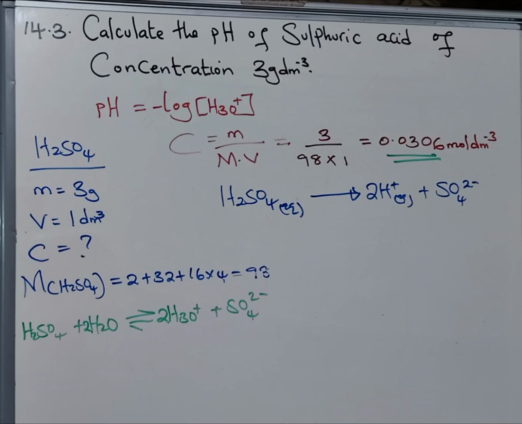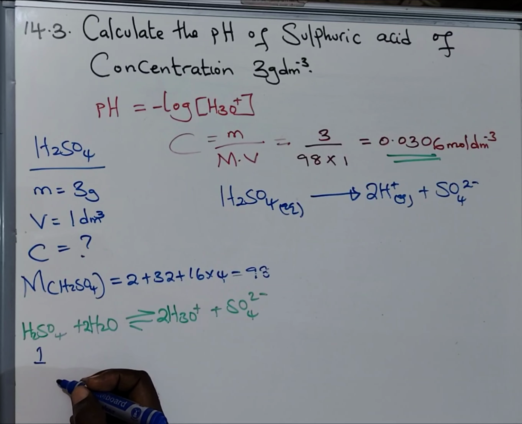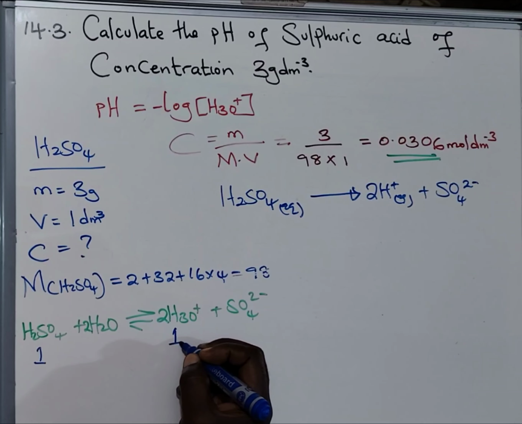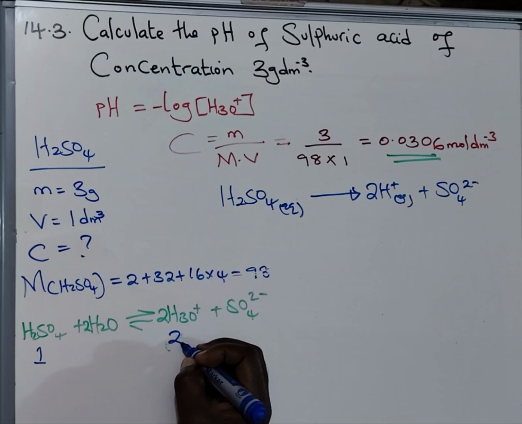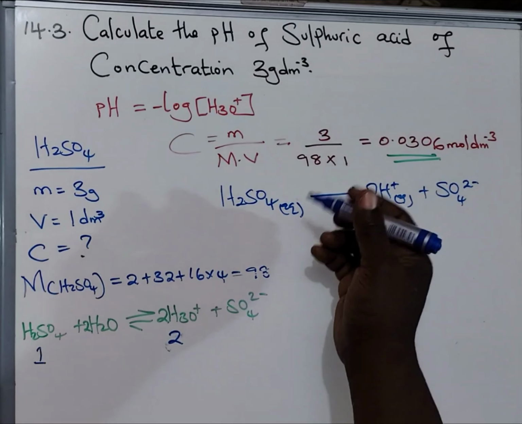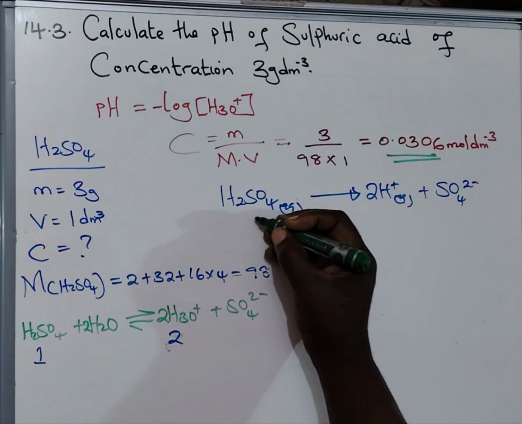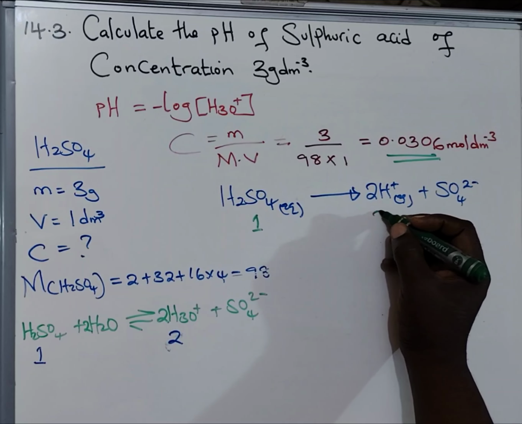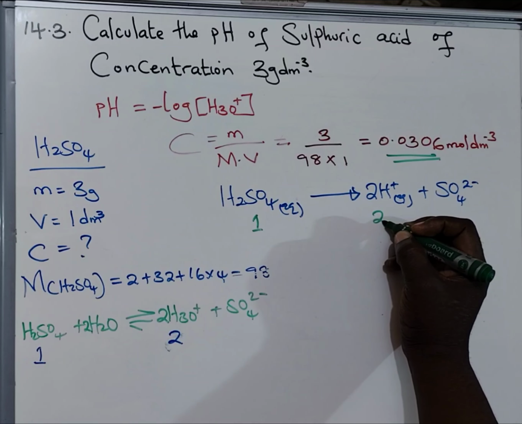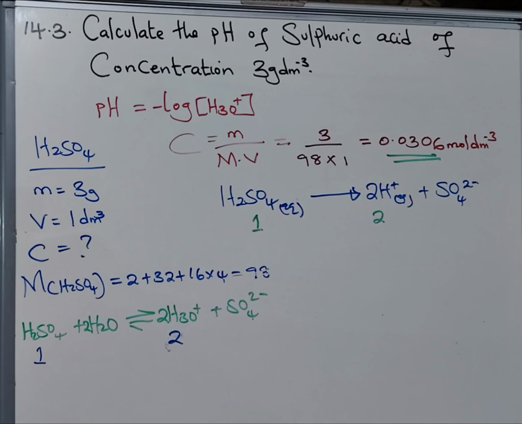And we are going to have the same mole ratio. 1 mole of sulfuric acid releases 2 moles of hydronium ions. Sorry. It is 2 moles of hydronium ions. So the same applies here. What do we get from here? We get 1 mole of sulfuric acid releasing what? 2 moles of hydronium ion.